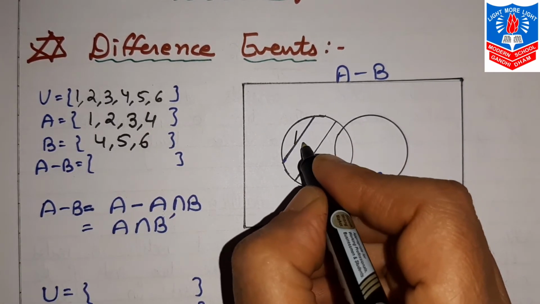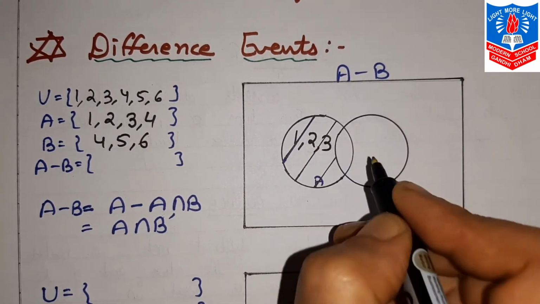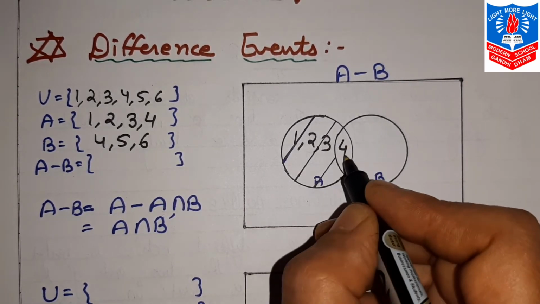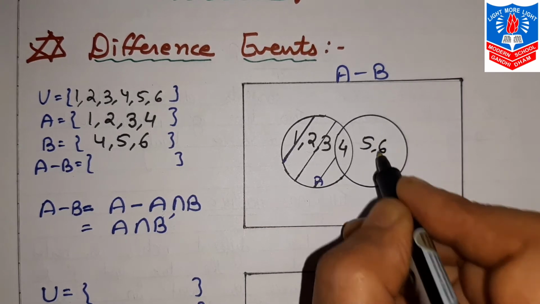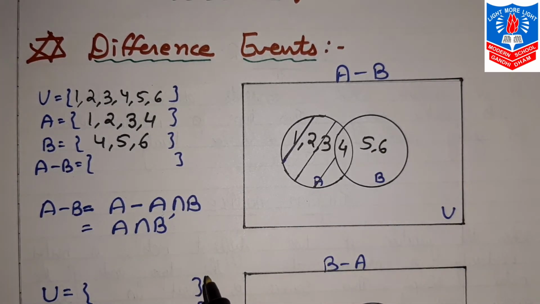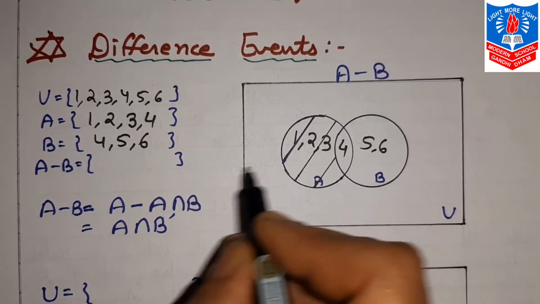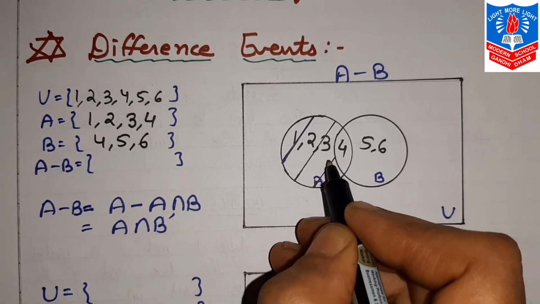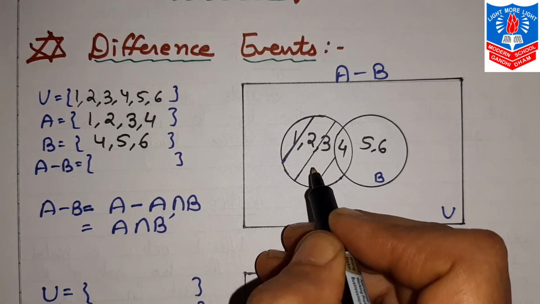Now I write here 1, 2, 3, and 4 is common in A as well as B, so I write it in the middle, and here are 5 and 6. Now A dash B means the elements which are only in A, you can say.